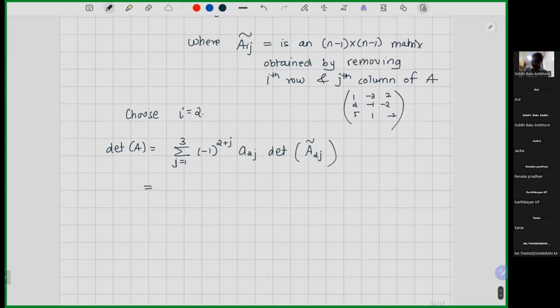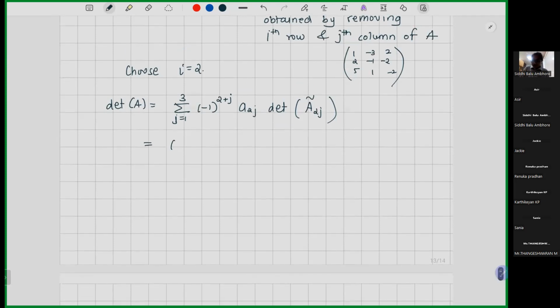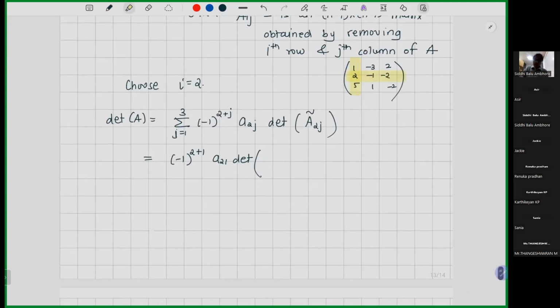So minus 1 power 2 plus 1, a_21, determinant of this: the 2 1 entry I am removing, so I am removing this row and column, and the remaining matrix is 3, minus 3, 2, 1, minus 2. Okay, this is my A_21 tilde.